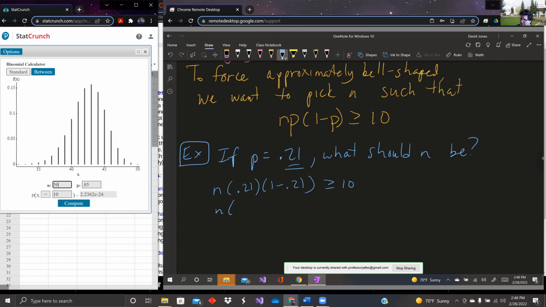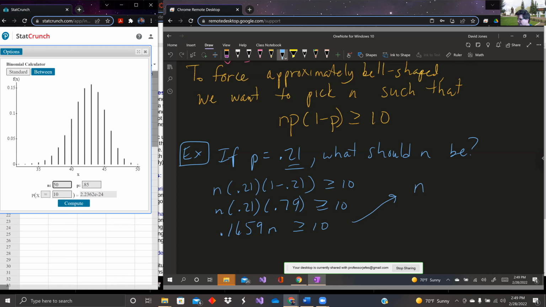Let's see, if we multiply this out, 1 minus 0.21 is 0.79. 0.21 times 0.79 is 0.1659. So I've got 0.1659 n is greater than or equal to 10.